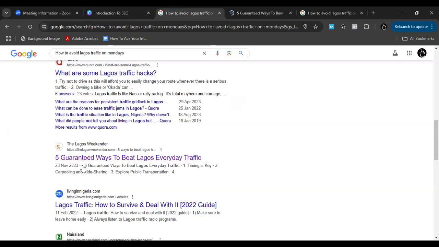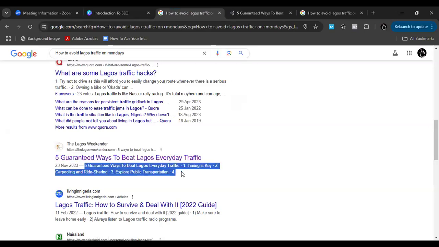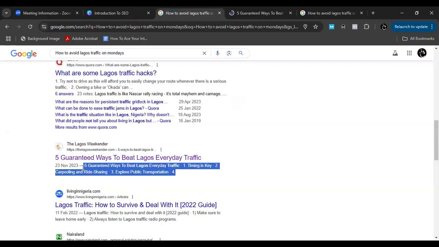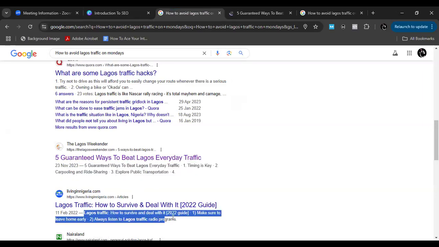So meta description is this thing you see here. So anytime you make a search and you see a quick description of what that content is about, that's the meta description. It's the same thing as this. So one of the things that used to help content rank in the past, and this one is still in vogue, is the meta description. How relevant is your meta description to the particular search phrase that was made?